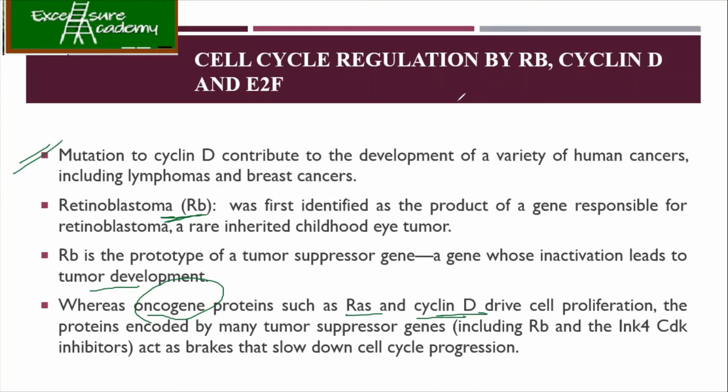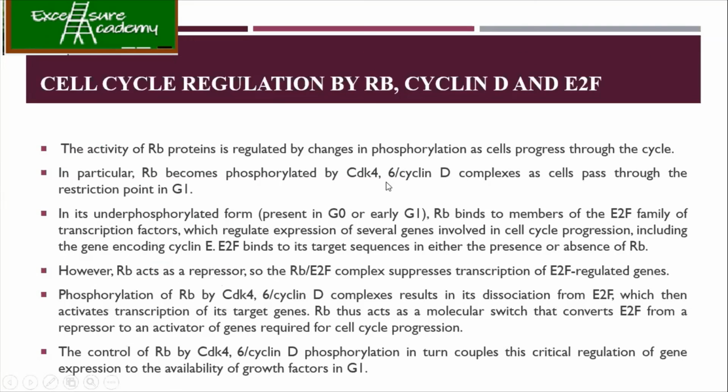Okay, I'll go slowly, don't worry. Let's understand this and remember from here itself. The activity of RB protein is regulated by changes in phosphorylation as cells pass through the cycle. In particular, RB becomes phosphorylated by the activity of the CDK4/6 cyclin D complex as the cell is passing through the restriction point.